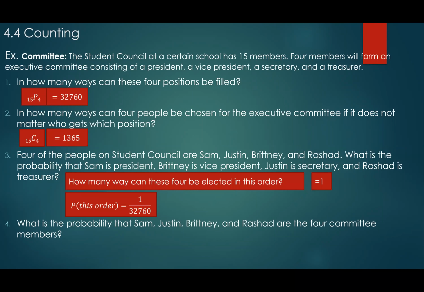We're looking for this one particular way that Sam is president, Brittany is vice, Justin is secretary, and Rashawn is treasurer, out of the total possible ways that we can form 4 people where the ranking matters, which is 32760, the one way out of that. And that is always the case for finding the probability: what we're looking for over the total.